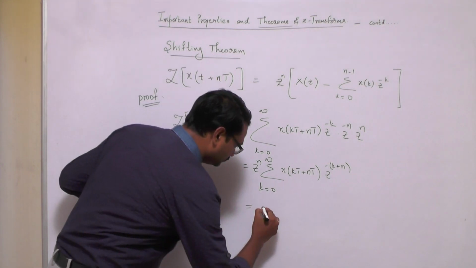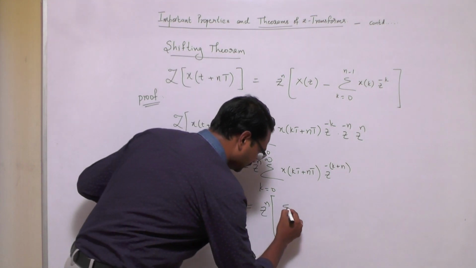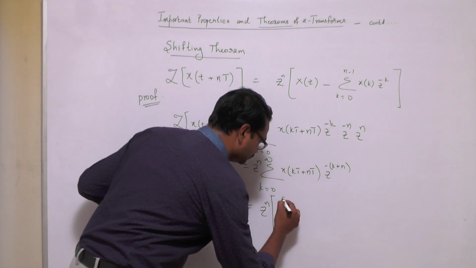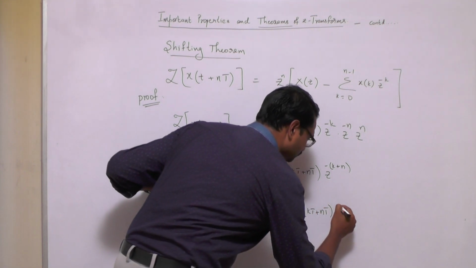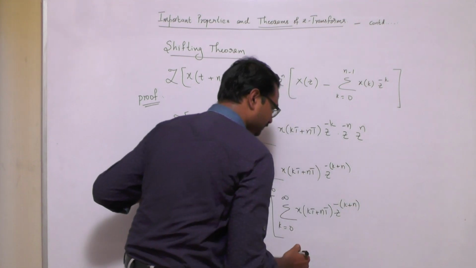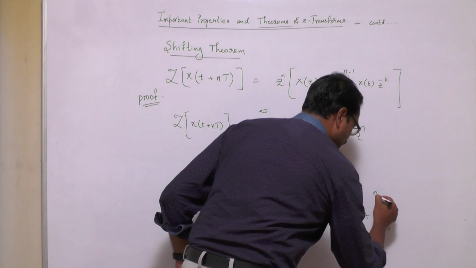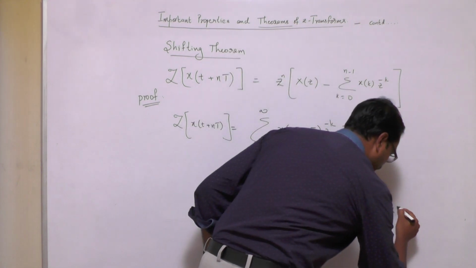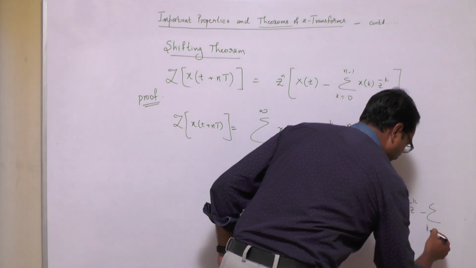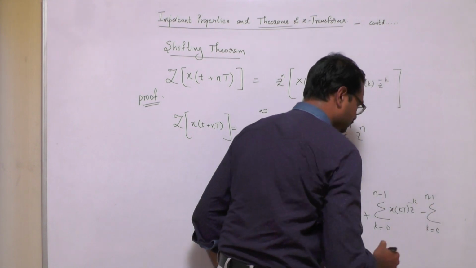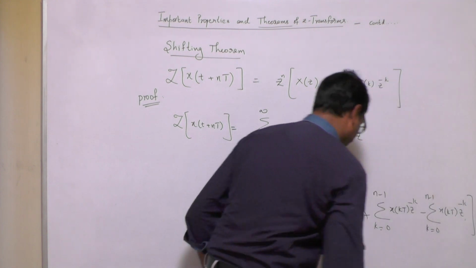And now if I consider z power n and take the bracket inside, sigma k is 0 to infinity x of kt plus nt z power minus k plus n, plus, now if I add this term, sigma k is equal to 0 to n minus 1 x of kt z power minus k, minus sigma k 0 to n minus 1 x of kt z power minus k.